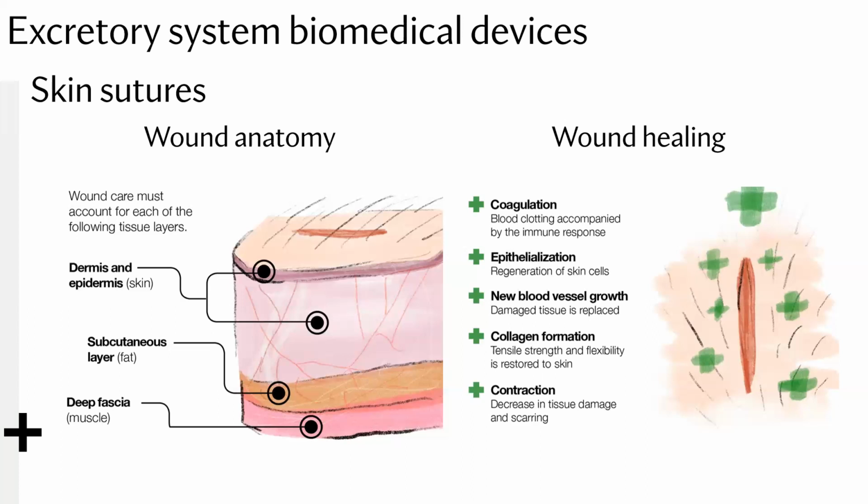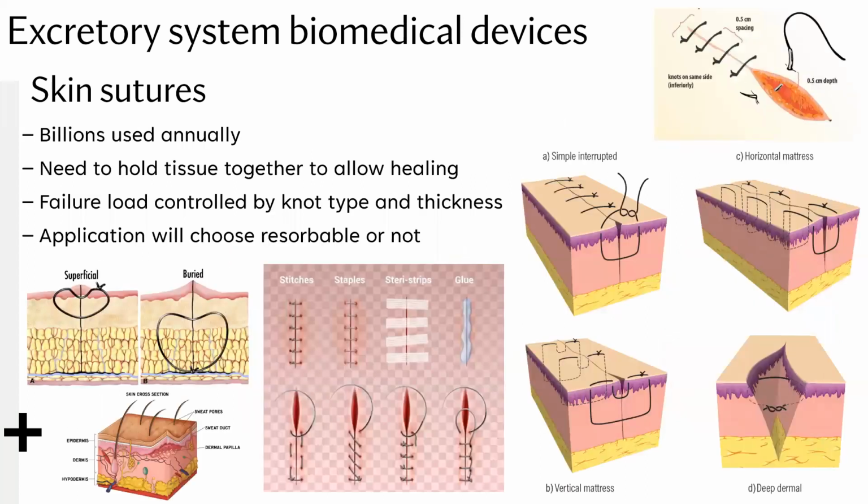And then ultimately, as this continues on, the skin starts to contract and the tissue damage and the scar start to disappear or minimize as it goes closer and closer to the previous condition. So really, that's the wound healing cascade in a tiny nutshell.